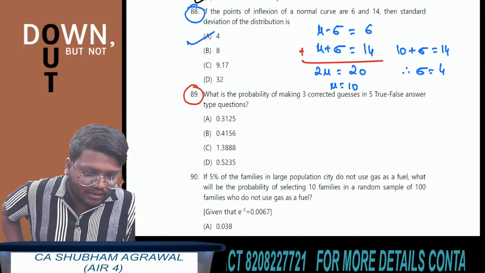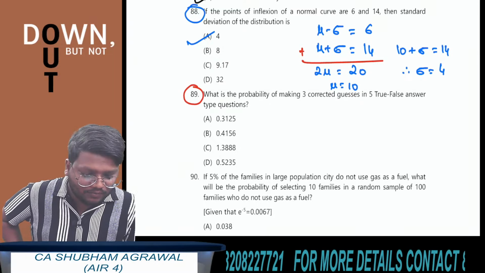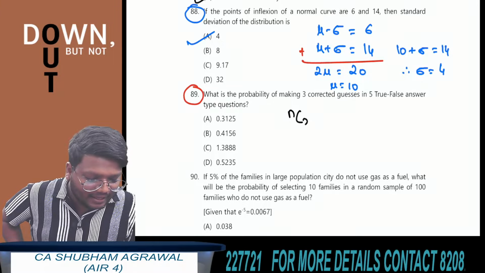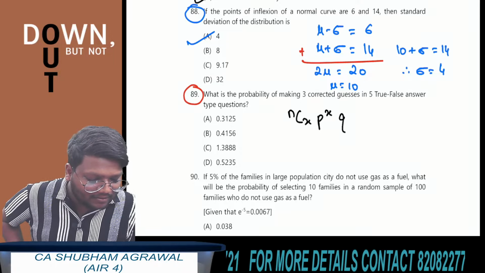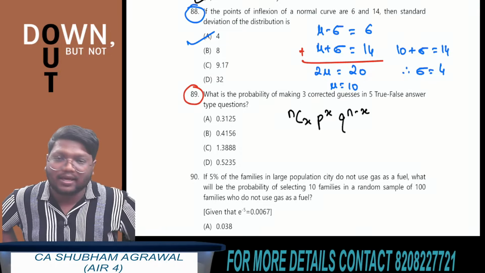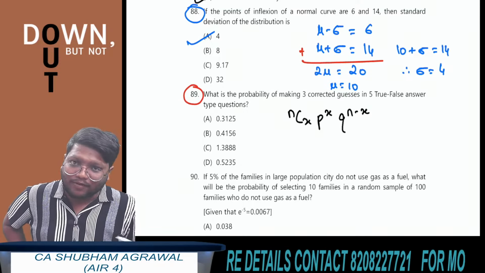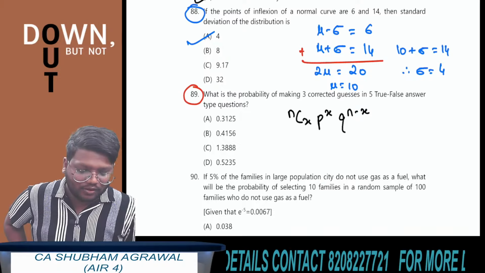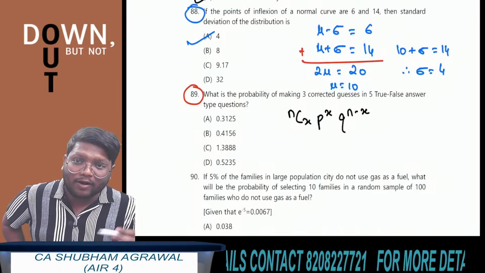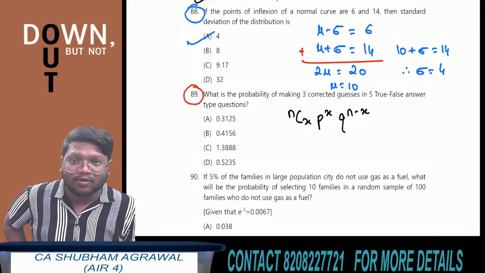Okay. And what is the formula to find probability in binomial distribution? I am writing the formula nCx multiplied by p to the power x multiplied by q to the power n minus x. What is n in this question? 5. Total number of questions is 5, so n is 5. You have to find the probability of making 3 correct guesses, so here x is 3.